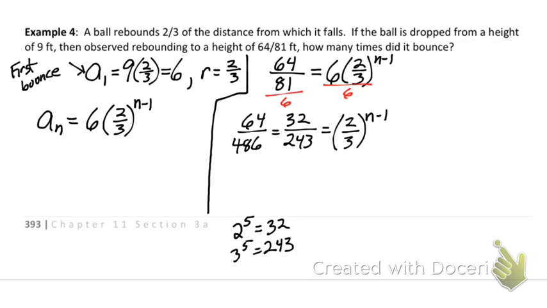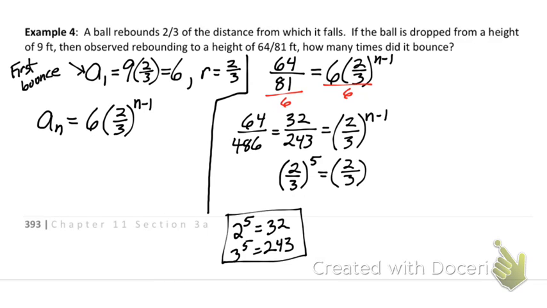So I can rewrite 32 over 243 as 2 over 3 to the 5th power because of this fact, which is going to equal 2 over 3 to the n minus 1.